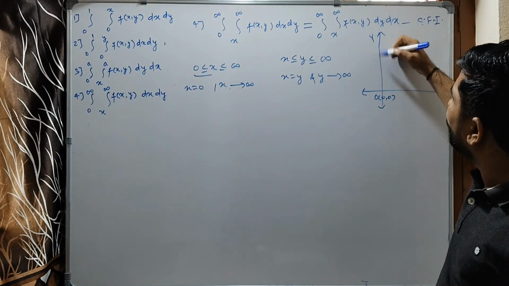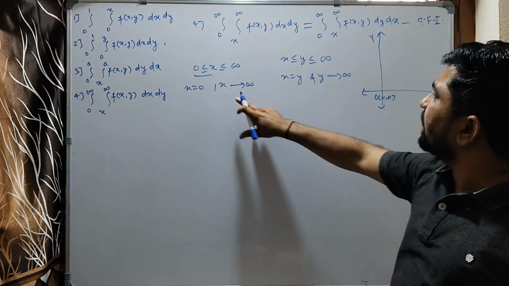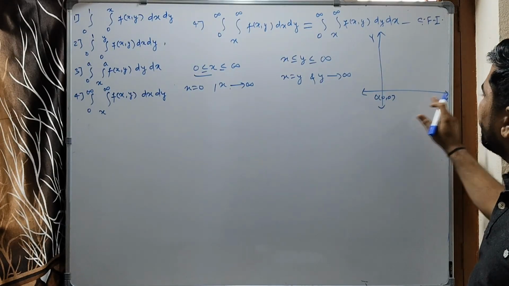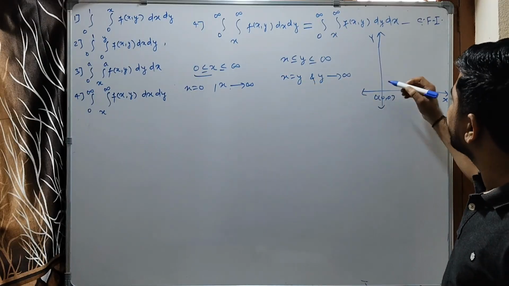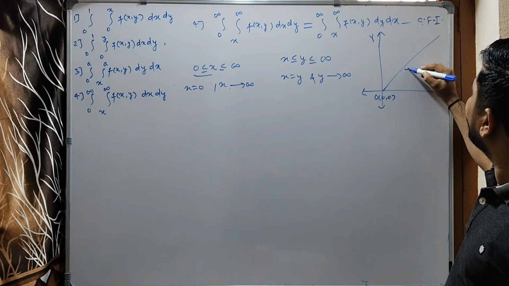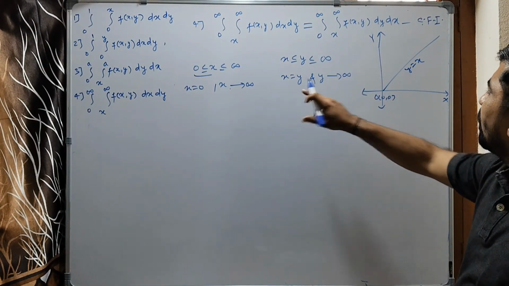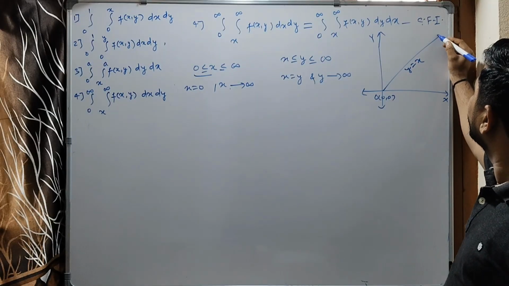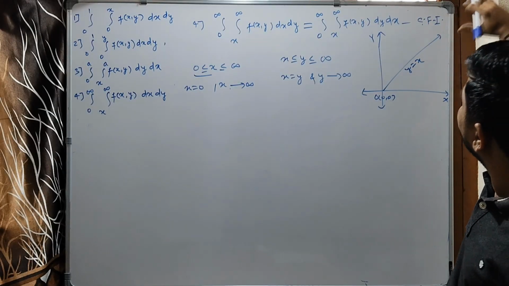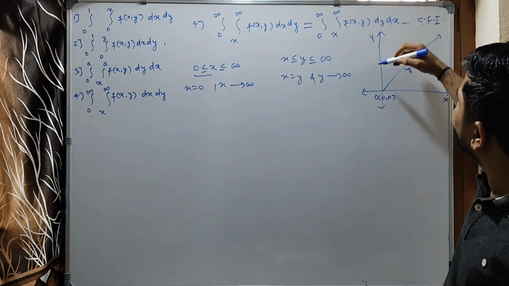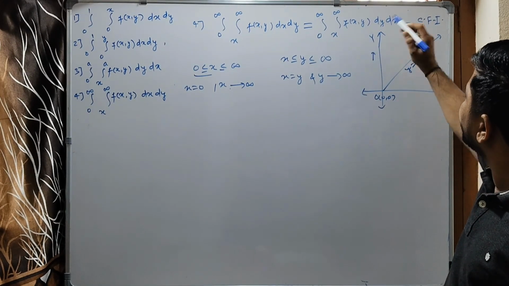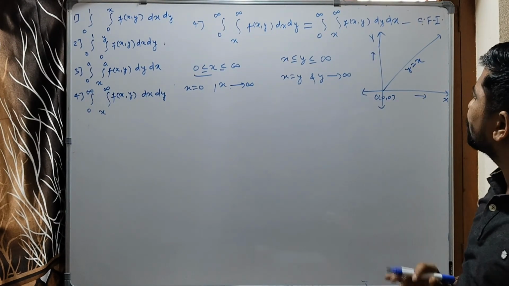In this direction x tends to infinity. And x equal to y means y equal to x, which is the line passing through the origin. It extends up to infinity in this direction. So along the line y equal to x, y tends to infinity, and in this direction x tends to infinity.